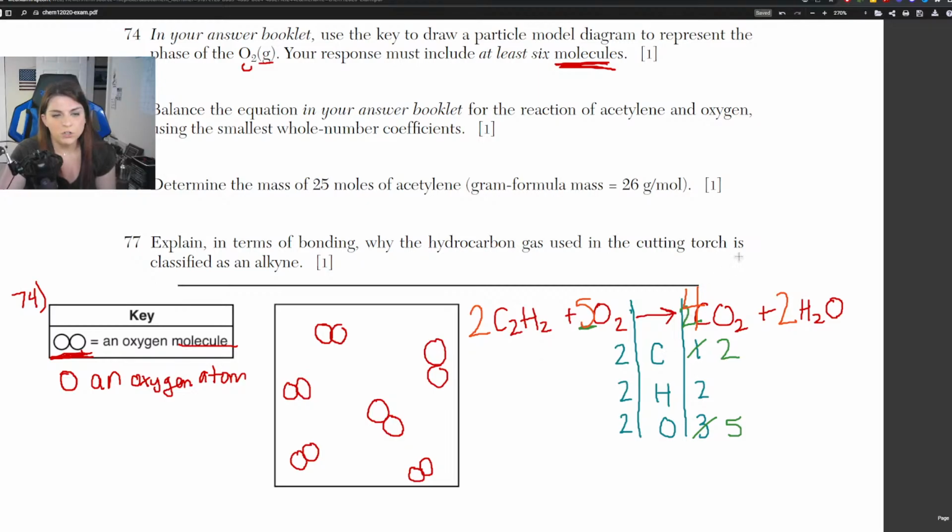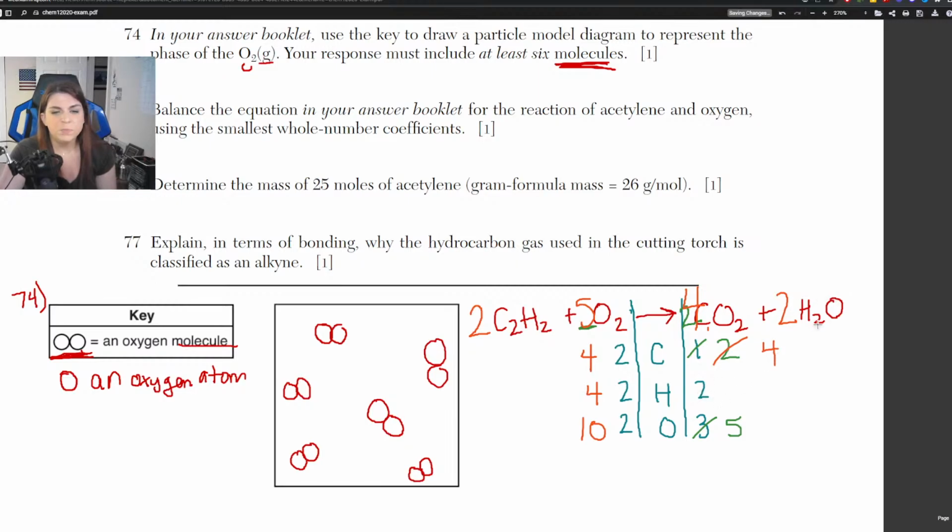So in orange, we can recount them. 2 times 2 will give me 4 carbons. 2 times 2 will give me 4 hydrogens. And then oxygens is 5 times 2, giving me 10. Then on the product side, 4 times the imaginary 1 on the carbon in carbon dioxide is 4.